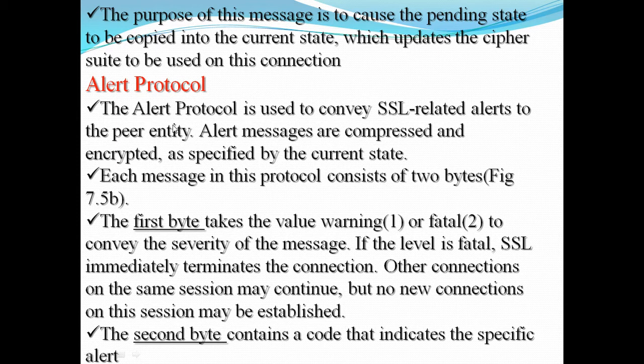The alert protocol is used to convey SSL related alerts, that means SSL related errors, maybe different kinds of errors, fatal errors, whatever they may be, to the peer entity. Alert messages are compressed and encrypted, as specified by the current state. They are all sent in this particular form, which is a 2 byte format.